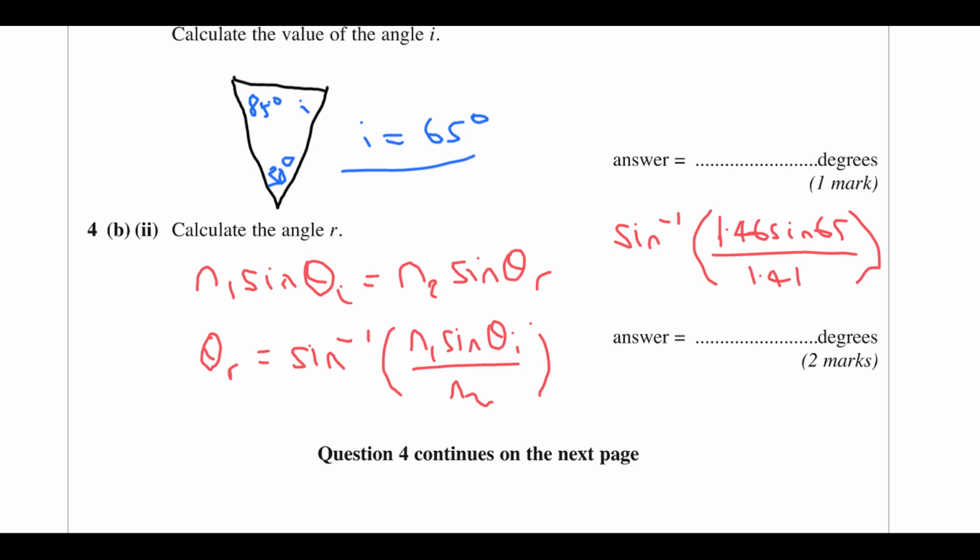That gives us an angle of 69.79, which is 70 degrees to 2 significant figures, because we've used this angle 65, so now we can only give an answer to 2 sig figs.